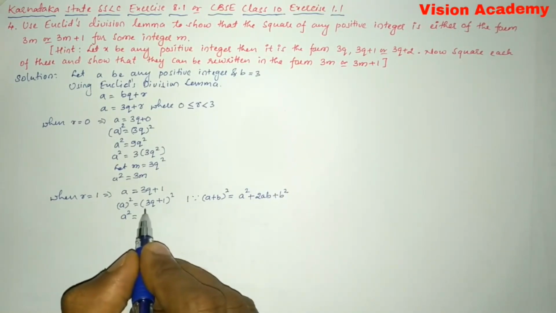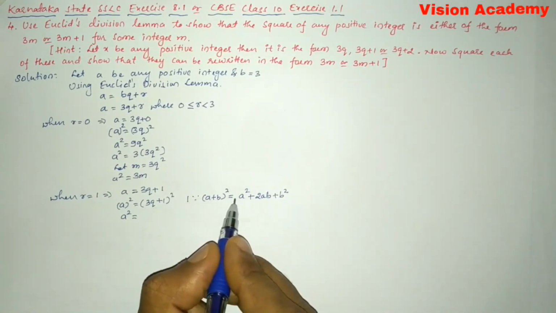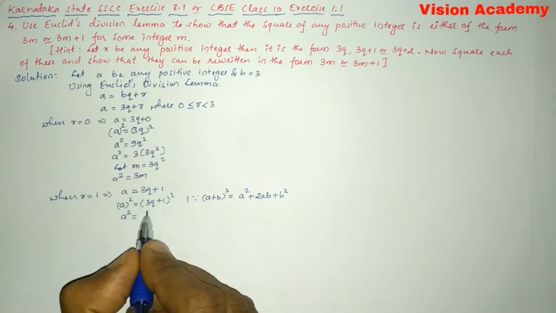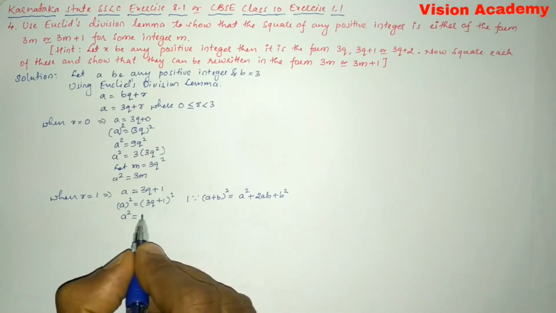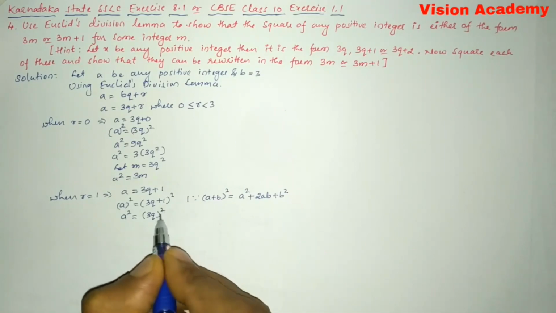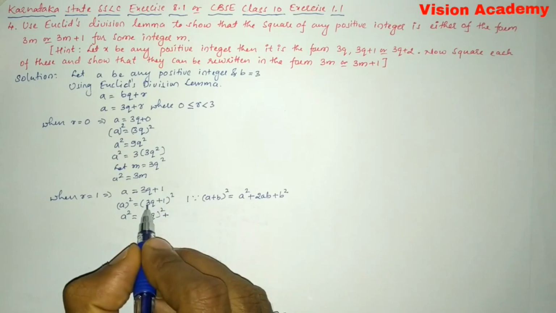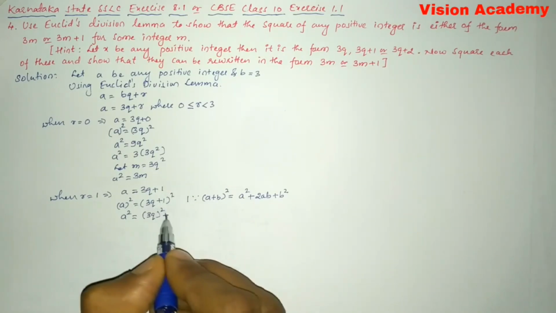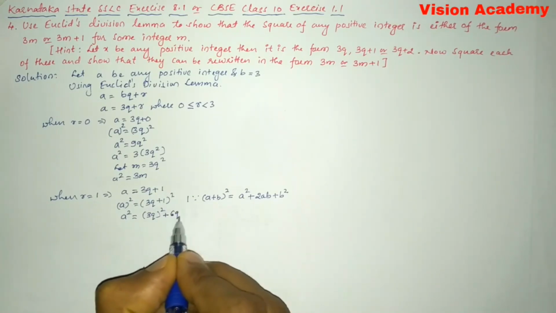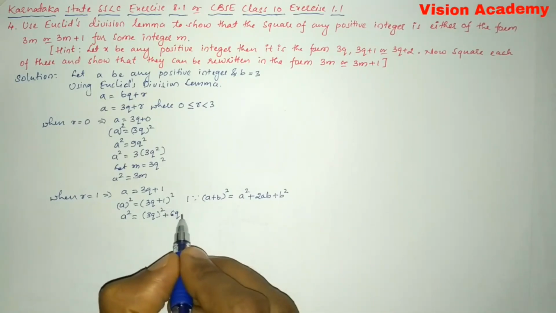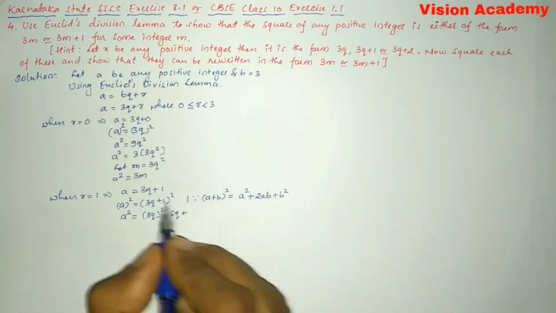So let us expand this using the same formula. Here we'll write 3q square plus 2ab, that is 2 into 3q into 1, so 2 3s are 6q into 1 is 6q, plus b square is 1 square.